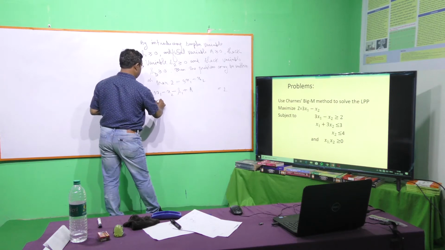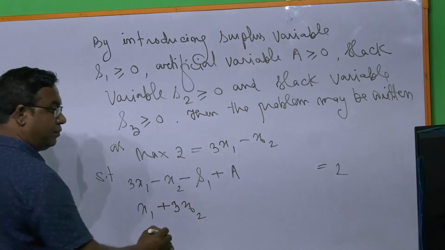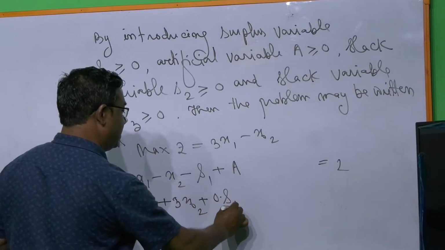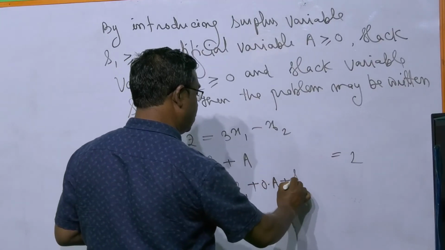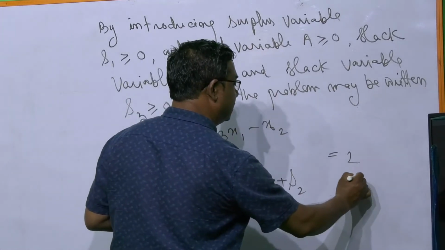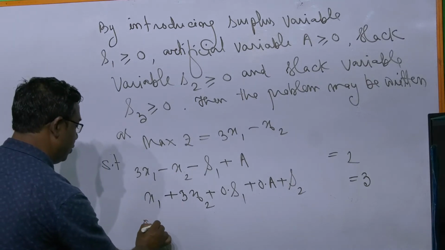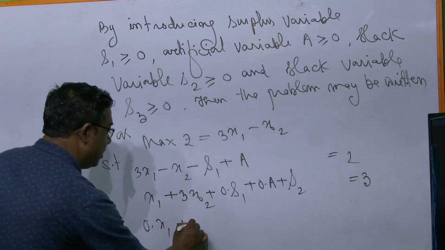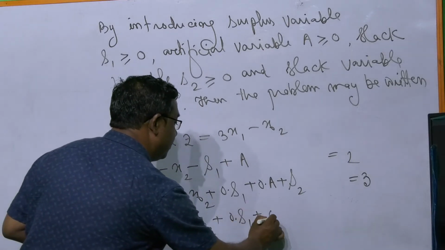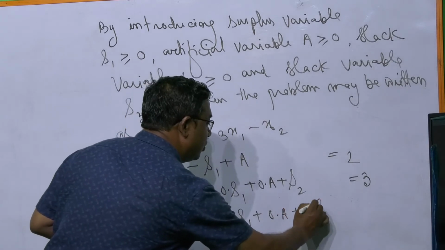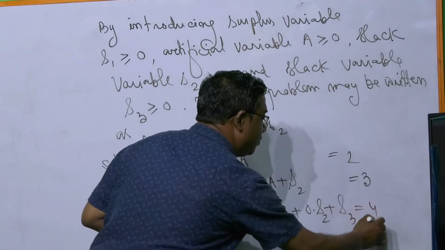Then second one, x1 plus 3x2 plus 0 into s1, then 0 into a plus s2, this is equal to 3. Third one, 0 into x1 plus x2 plus 0 into s1, 0 into a, 0 into s2, the last one is s3 equal to 4.